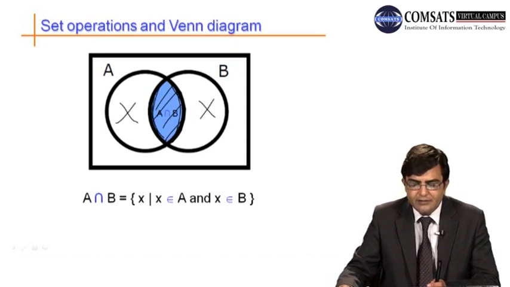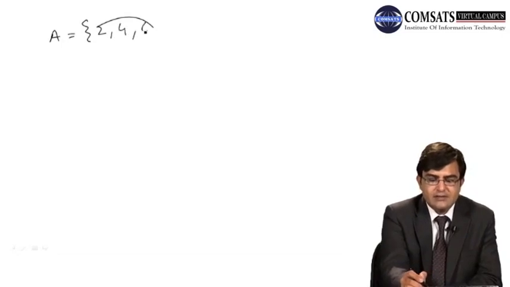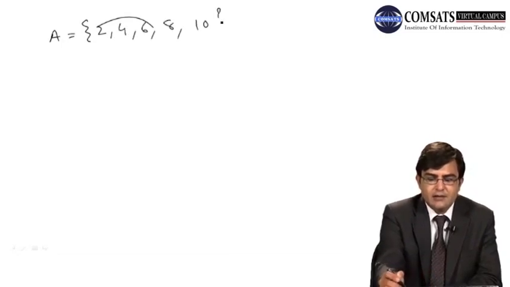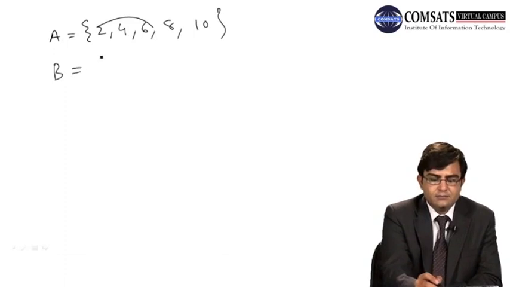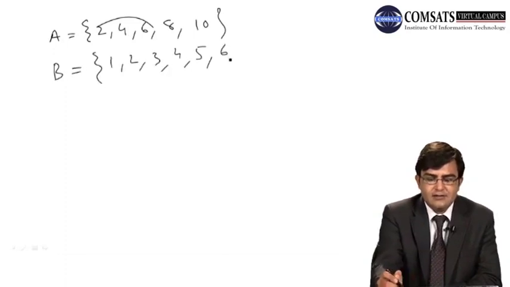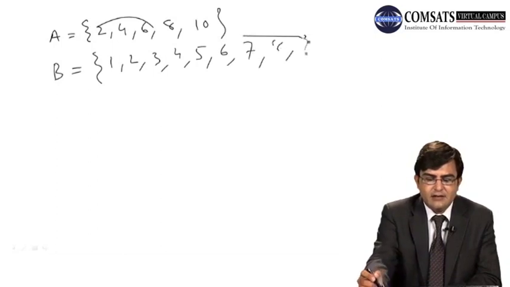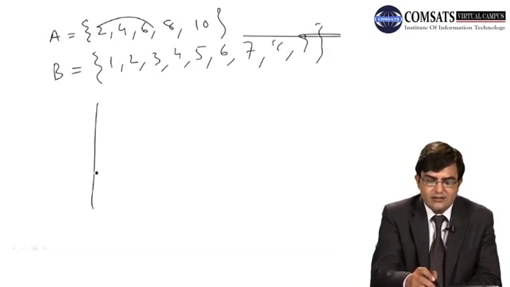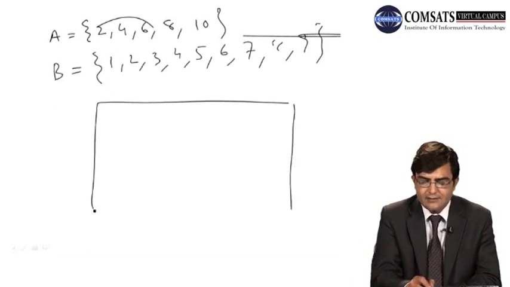For example, if we have two sets, A which is 2, 4, 6, 8, 10, and B which is 1, 2, 3, 4, 5, 6, 7, 8, 9, then what is the Venn diagram of these two sets?